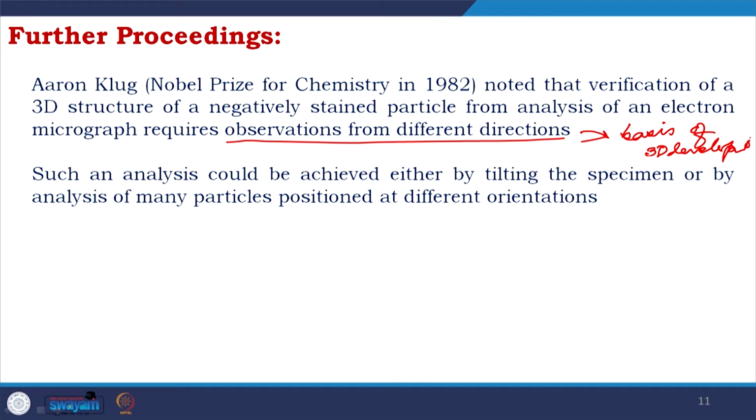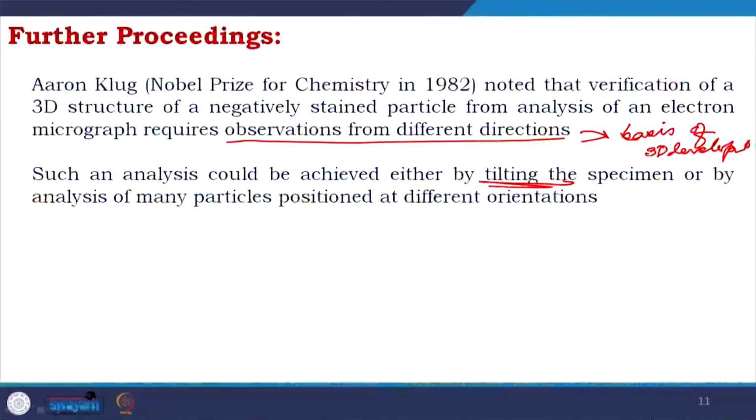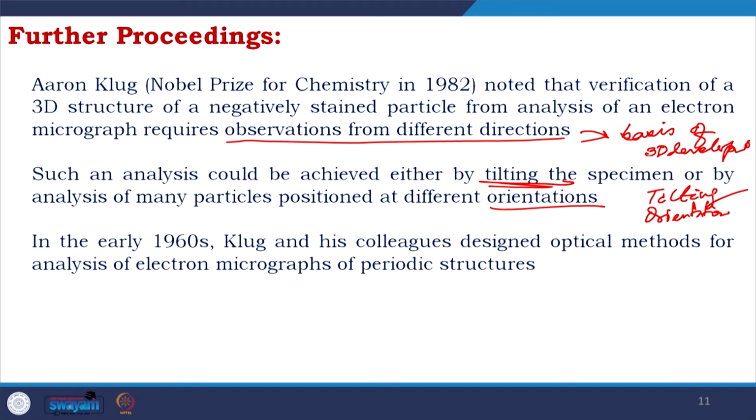Such an analysis could be achieved either by tilting the specimen, which is a very important part of cryo-electron microscopy, or by analysis of many particles at different orientations. So, one thing is tilting, another thing is orientation. We have talked about this earlier too.